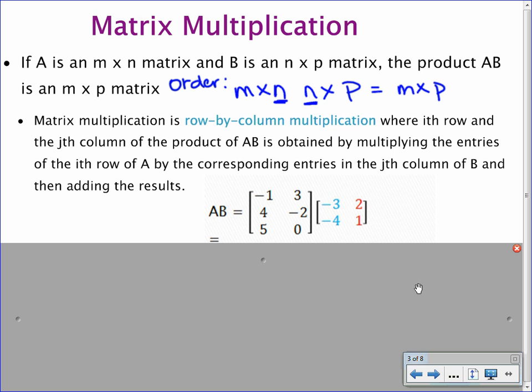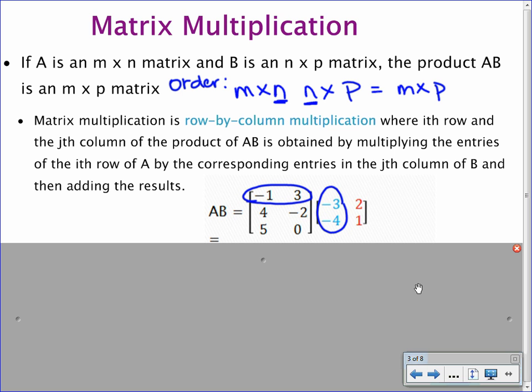So what this means, I am going to take the first row and multiply it to the first column, and that number I get is going to be in the first row, first column of my matrix.